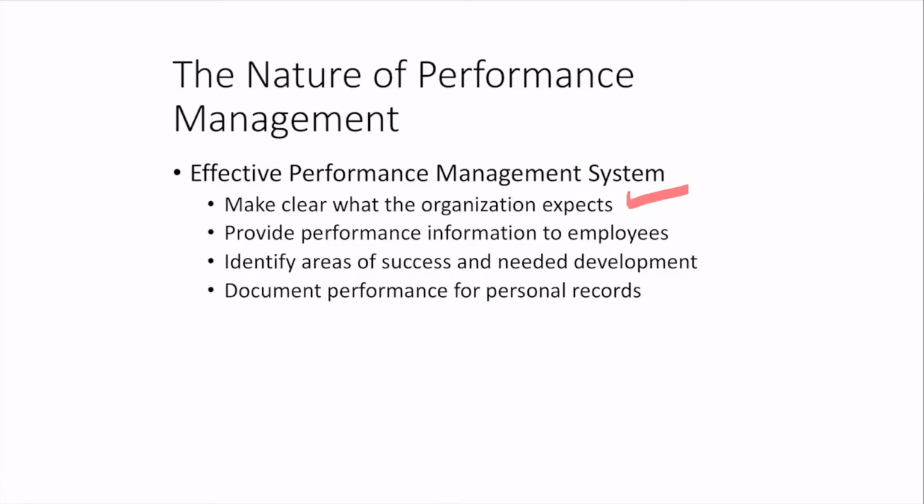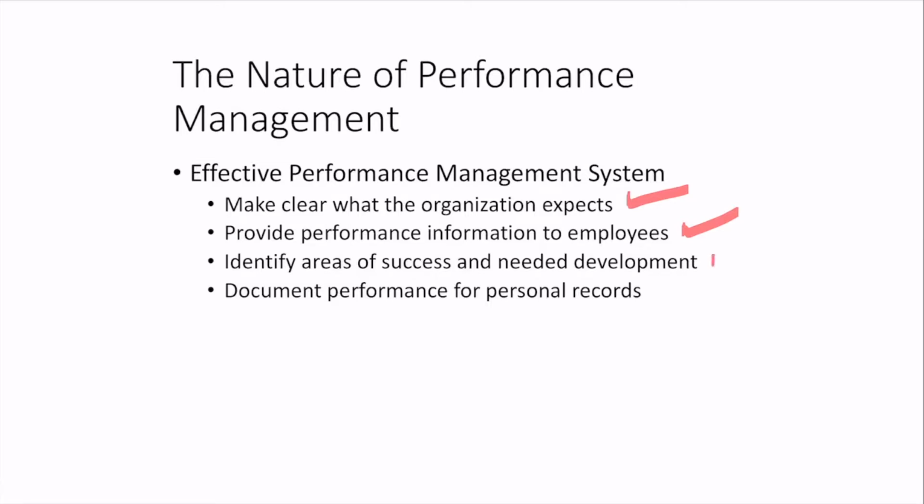So here you're making clear the expectation, and you need to provide performance information to employees. This is how we expect you to perform. These are the performance expectations, and making sure that that is understood by the employee.